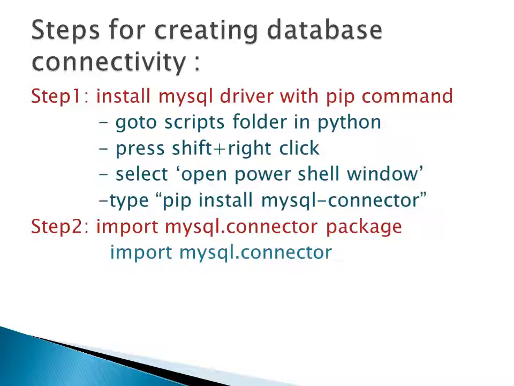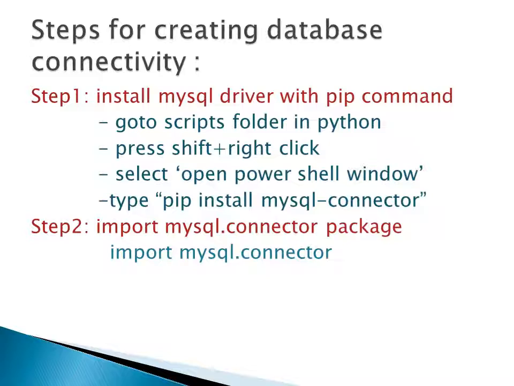Now start our first topic, how to create connection of MySQL with Python. There are few steps. Step 1 is we will install MySQL driver with pip command in our computer. First one, go to script folder in Python. Then there you will press shift plus right click.